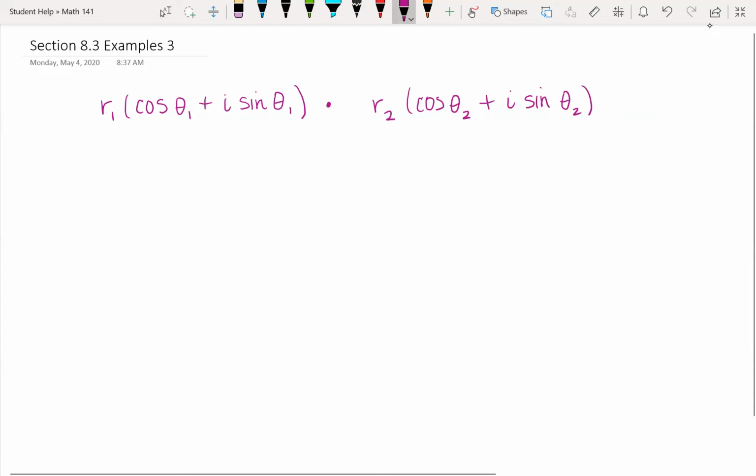When I have two numbers like this that I'm multiplying together, it's actually quite easy in that I'm going to take the two lengths or the two absolute values, and they get multiplied together. So that'll be R1 times R2.